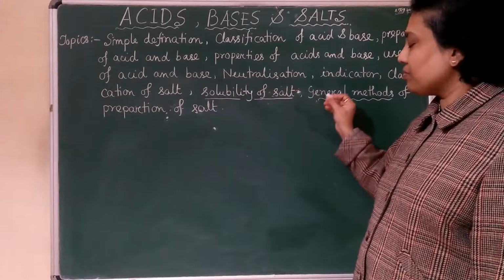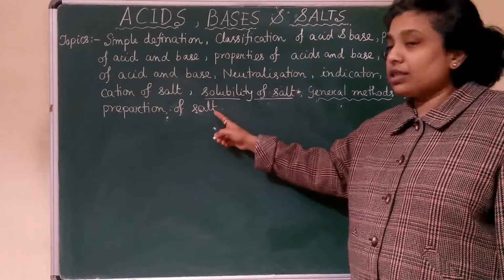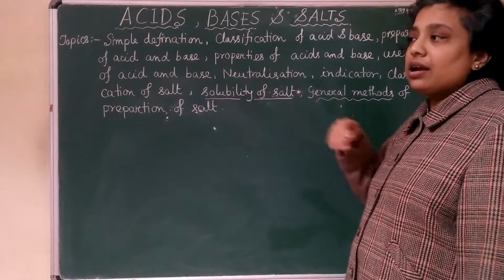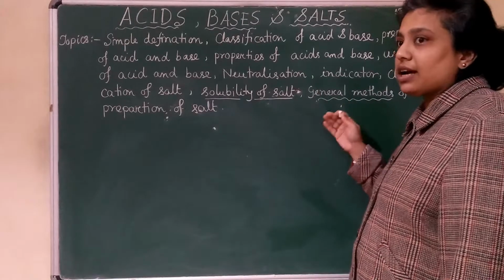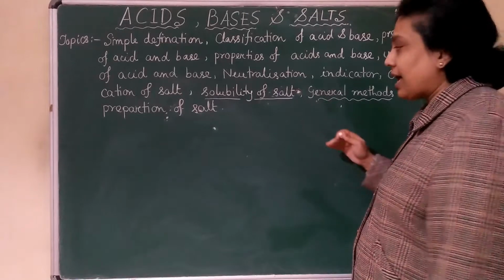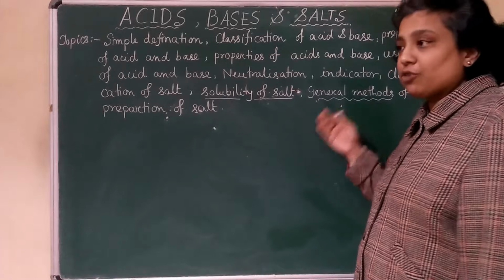In your present reduced syllabus, this topic is not there, but in the later chapter, when you study the study of compounds, you'll see that all are acids and bases. Ammonia is a base; HCl, H2SO4, HNO3.